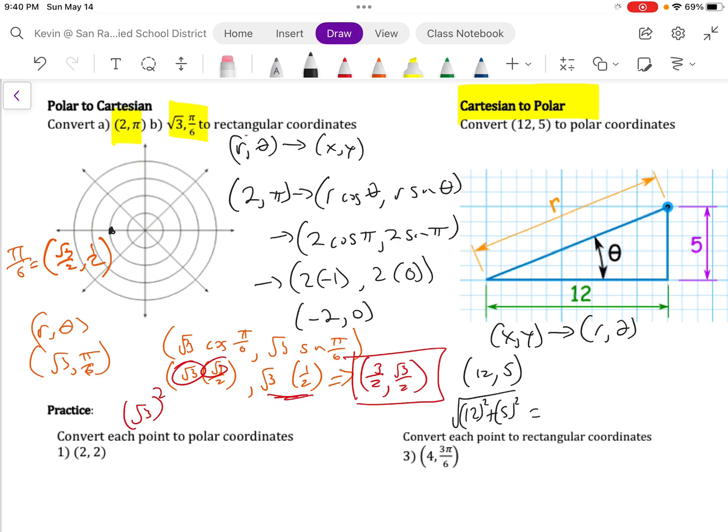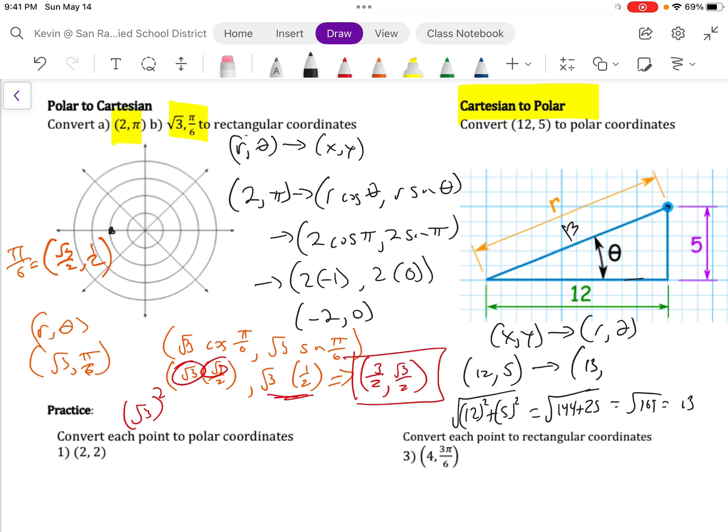And yes, some of you right now are saying, I know it's 13 because it's a special right triangle, but I'm going to just go ahead and do 144 plus 25 equals the square root of 169 equals 13. So r is going to be 13.